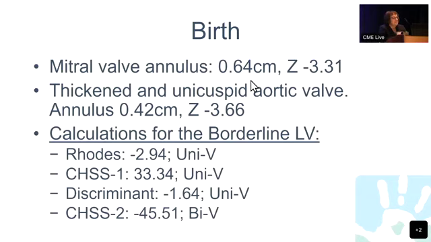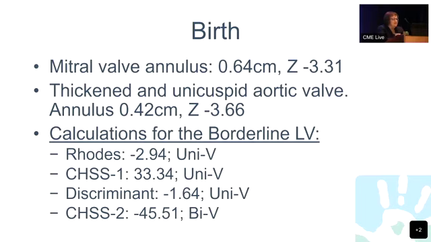The mitral valve annulus was 0.64 centimeters for a Z-score of negative 3.3, similar to the fetus, and there was a thickened and unicuspid aortic valve with an annulus of 0.42 and a Z-score of negative 3.66.